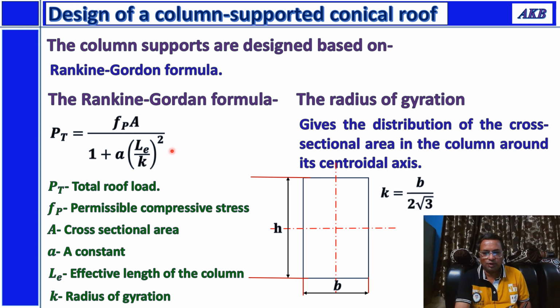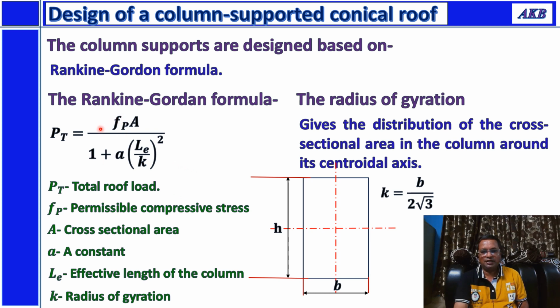So basically, in this particular video lecture I am not going to discuss column supported conical roofs in detail. My objective was to discuss the self-supporting conical roof. I have done that in my previous video, so please watch it. Just to summarize how column supported conical roofs are designed, I am discussing this.